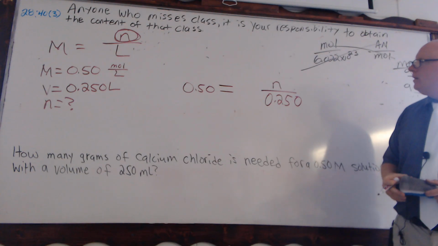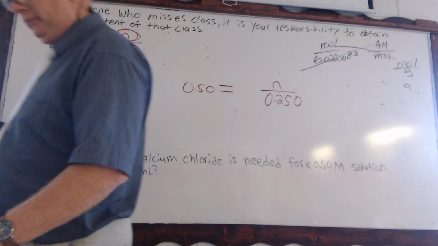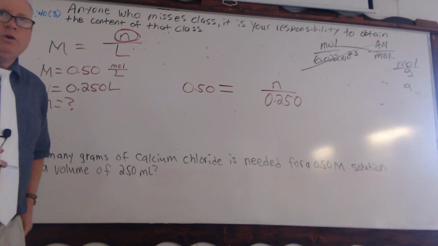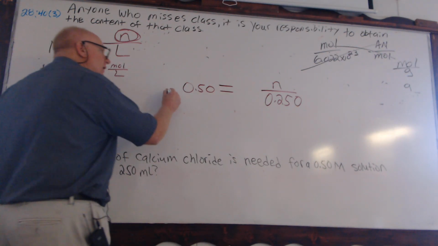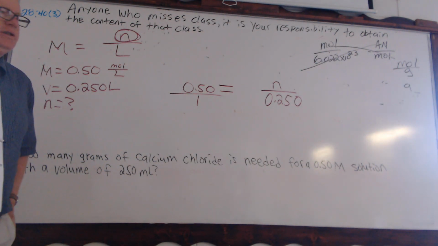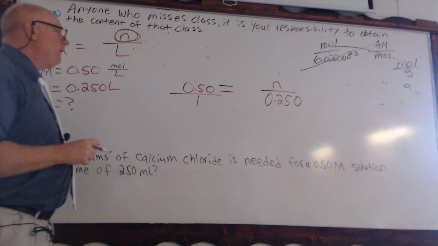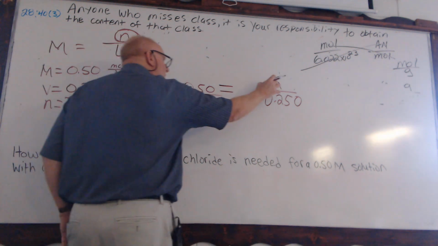Okay? So the next thing we need to do is get N all by itself. And how would we go about doing that even from physical science? Just like this, did we change the value of that? No, it still has a value of 0.50. So what's 1 times N?